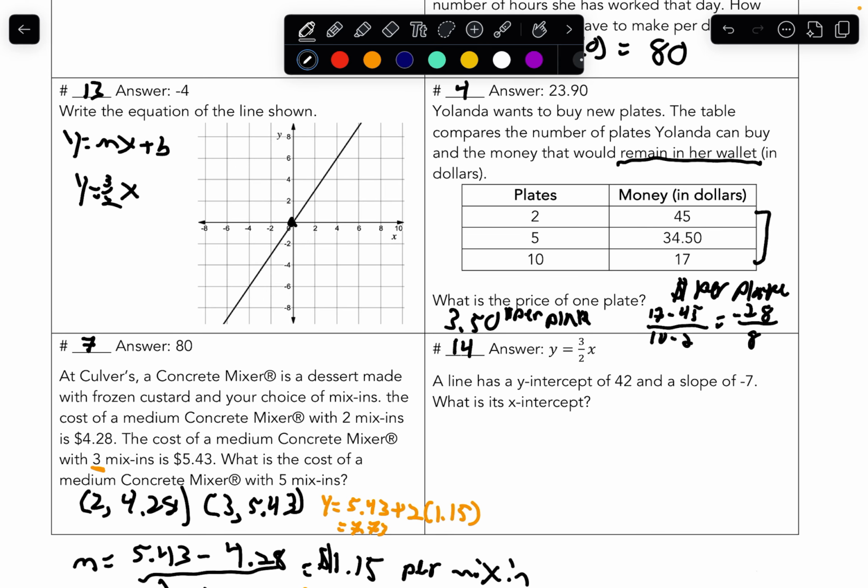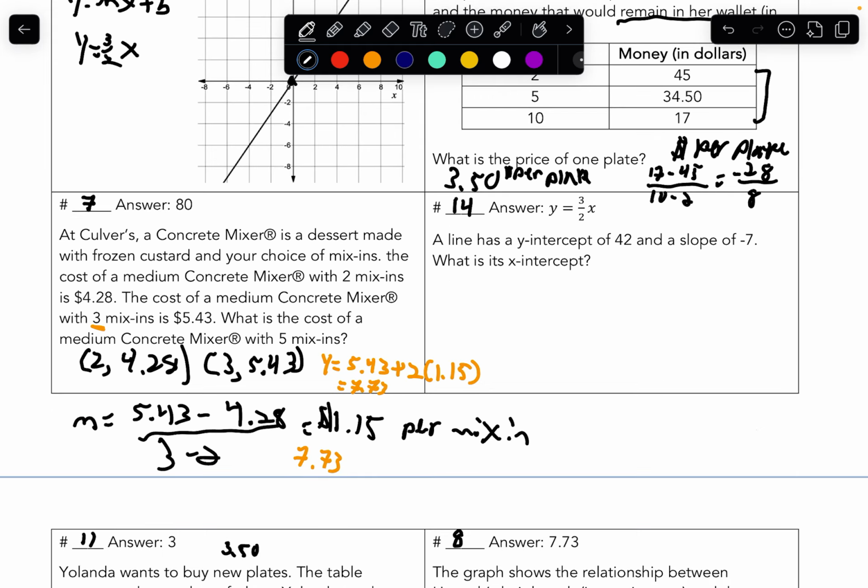All right? A line has an x-intercept of 42 and a slope of -7, a y-intercept. So we can write the equation y equals -7x plus 42. What is the x-intercept? The x-intercept is when y equals 0. So we can just set that equal to 0 and solve, a simple two-step equation, which we're going into next unit.